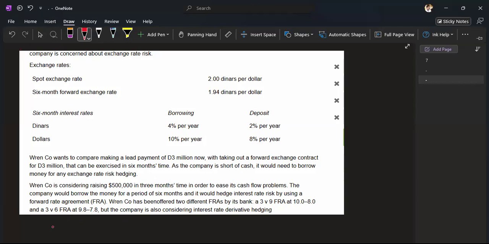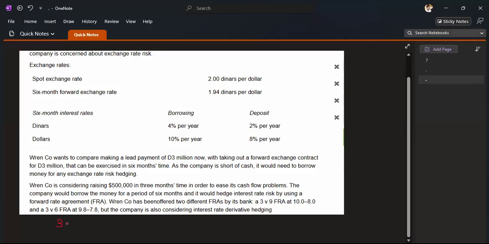Now see, guys, we have 3 million dinar. The spot rate was 2 dinars per dollar. So if you divide this by 2 dinars per dollar, how much in dollars are we getting? Tell me. Please, guys, whenever I say do the working, do it, hurry up.